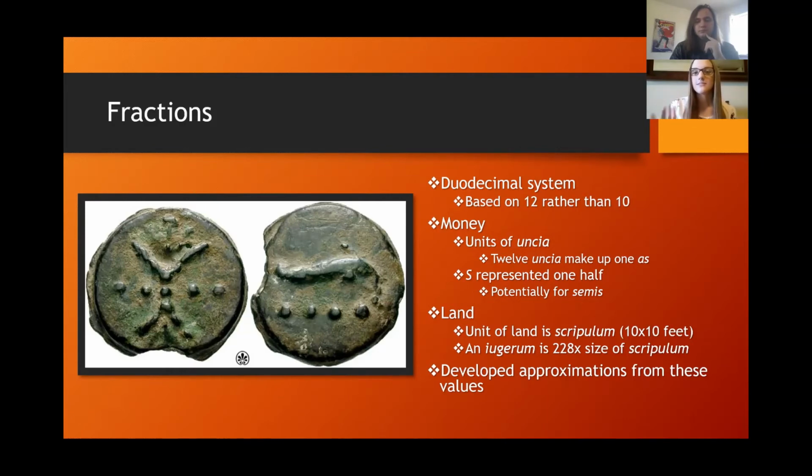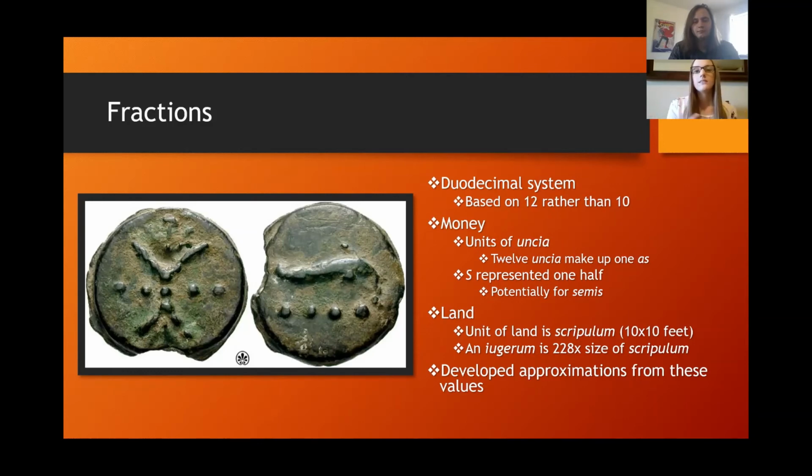And then in the context of land, one unit of land is called a scripulum, and this is a 10 by 10 foot area. And then an aguarum is 228 times the size of a scripulum, or you could say a scripulum is 1/228 the size of an aguarum. And in case it's not very obvious to you, 228 is 12 times 19, which is part of the duodecimal system.